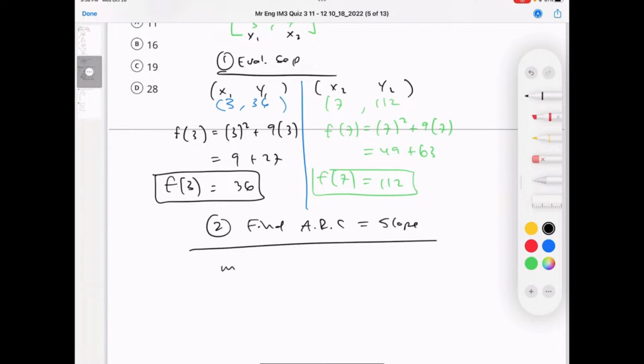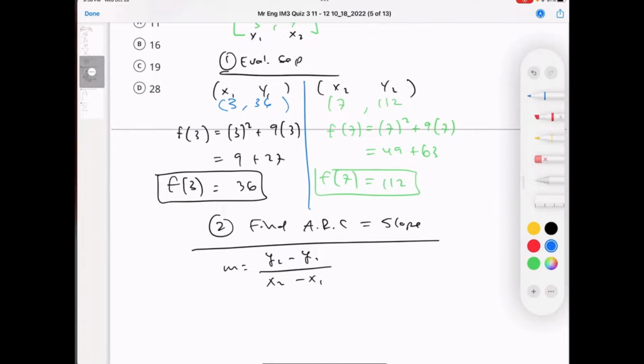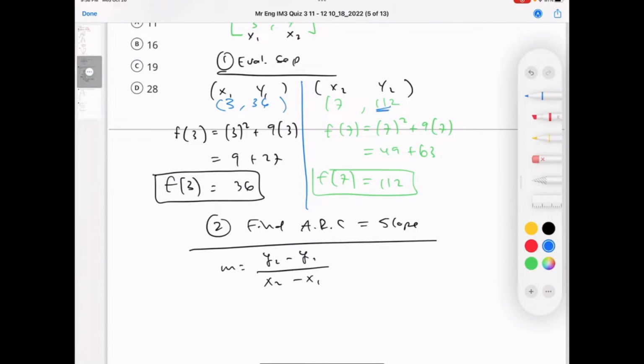My formula is y2 minus y1 over x2 minus x1. My y2 value is 112. And I want to point out that it must have the minus sign in red. My y1 value is 36. My x2 value is 7 and x1 is 3.